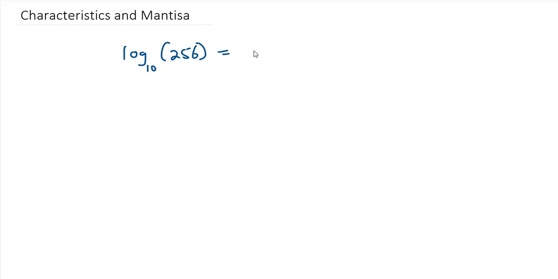Let us now move ahead and understand the concepts of characteristic and mantissa. Let us take an example. Let's say log of 256. I have not mentioned any base, so we'll have to assume the base as 10. So log of 256 to the base 10, its value is 2.4082.